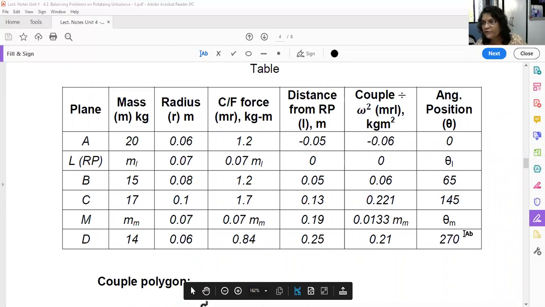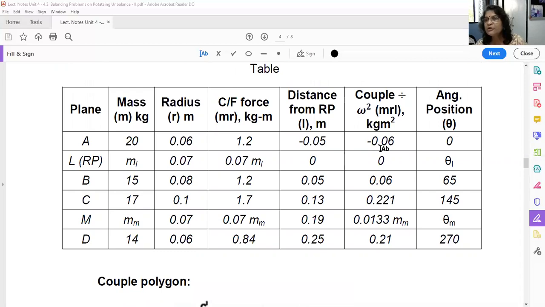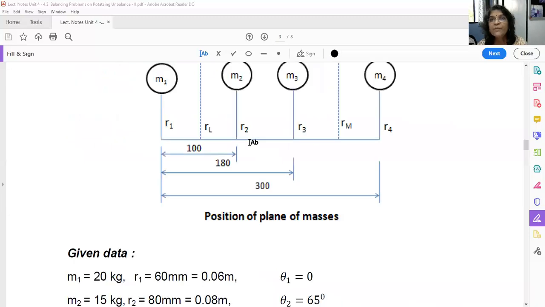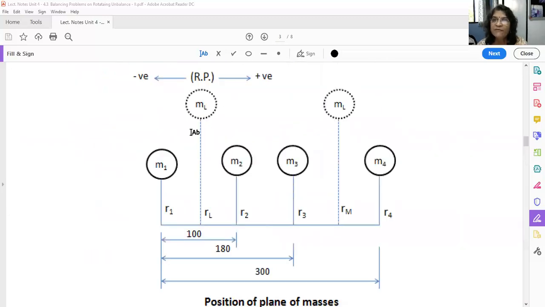0, 65, 145, 270. So first we will draw the vector for this couple. What is the magnitude? Minus 0.06. Angle is 0. Now why minus? As I told you in the earlier lecture also, whatever couples are falling on the left hand side of the reference plane will be negative, because that will give you an anti-clockwise couple. Falling on the right side will give a clockwise couple.